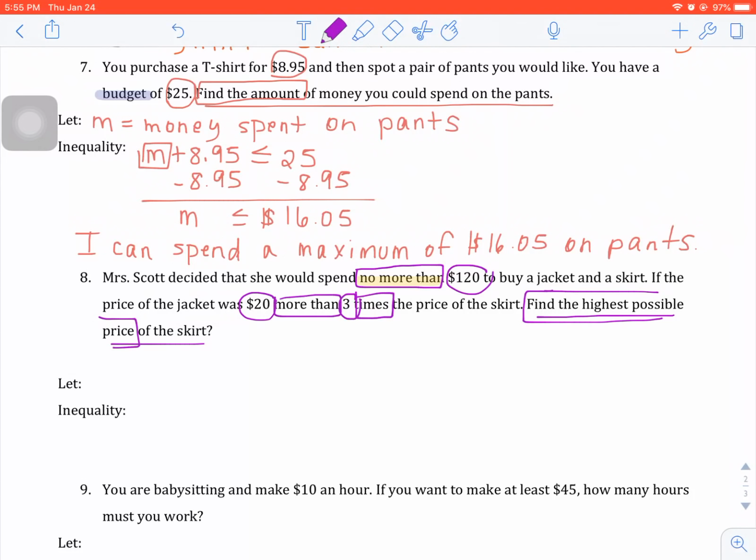So I want to know the highest possible price of the skirt. So I'm going to use S to represent the price of the skirt. And remember, you can use any variable that you would like to use.